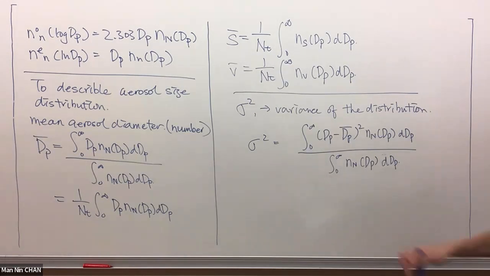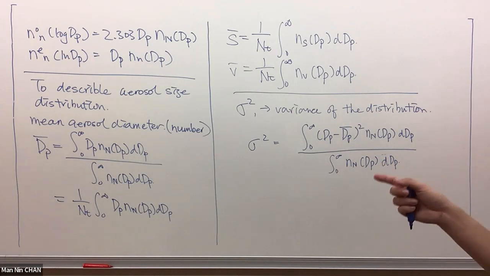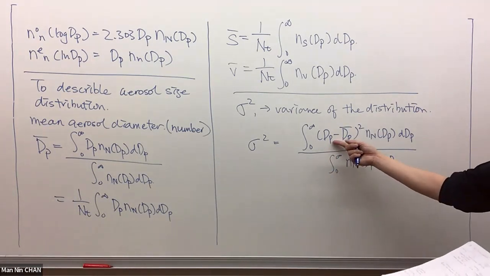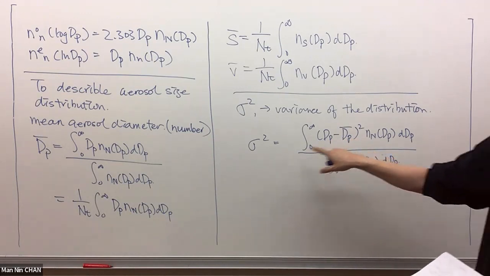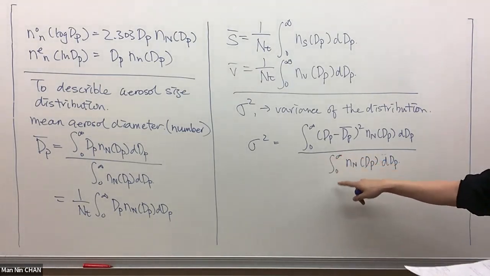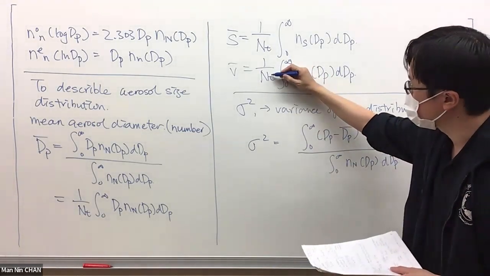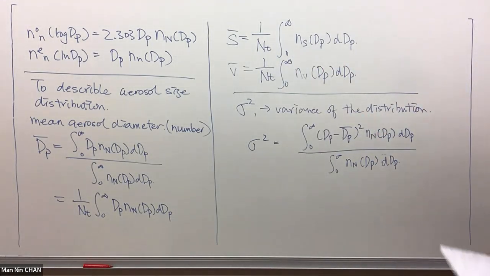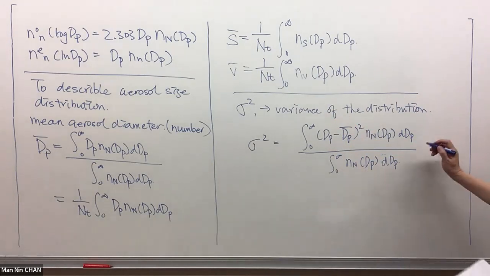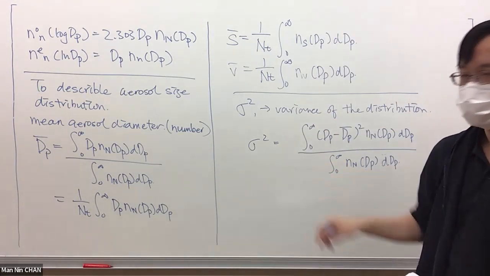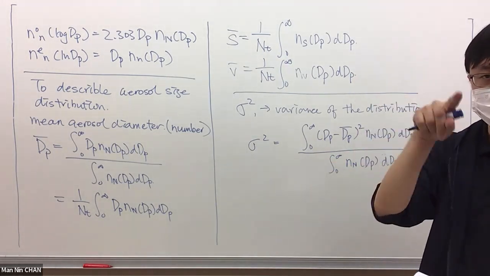You're looking at a measure of the spread of your distribution, how much it deviates or differs from your mean diameter. Then you divide by your total NT. So this is the variance. If you know the distribution of your aerosol, you're looking at the variation from the mean.